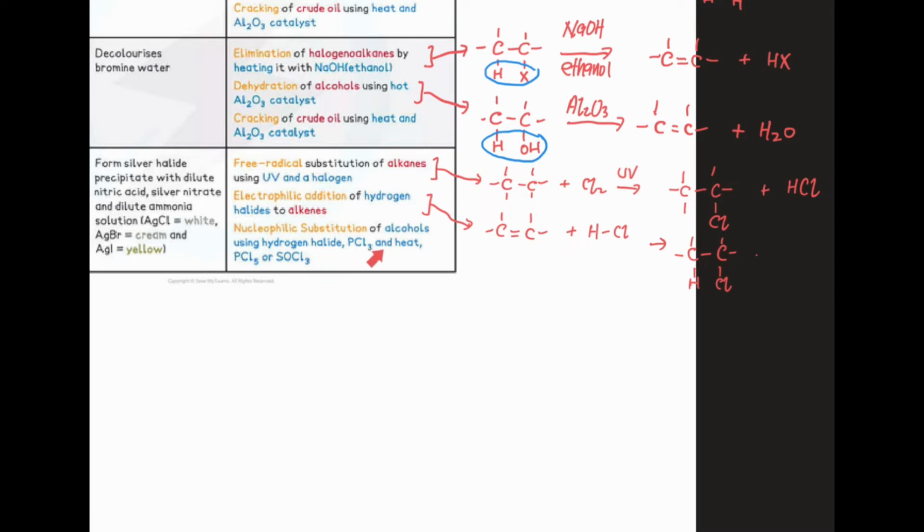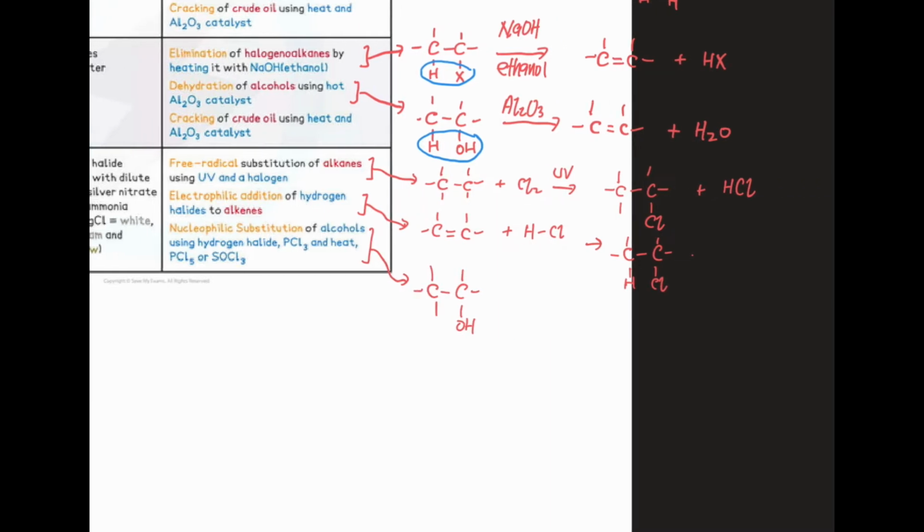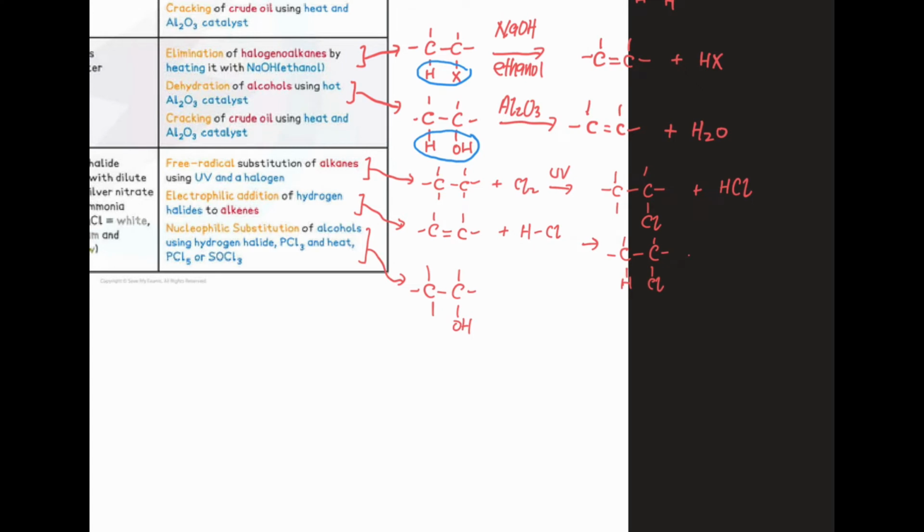Now the third one, nucleophilic substitution of alcohols using hydrogen halide, or PCl3 and heat, or PCl5, or SOCl2. So what happened here is, no matter which one you are using, in general the alcohol, which is like this, at the end, no matter you are using HCl, PCl3, PCl5 or SOCl2, the OH is replaced by Cl.